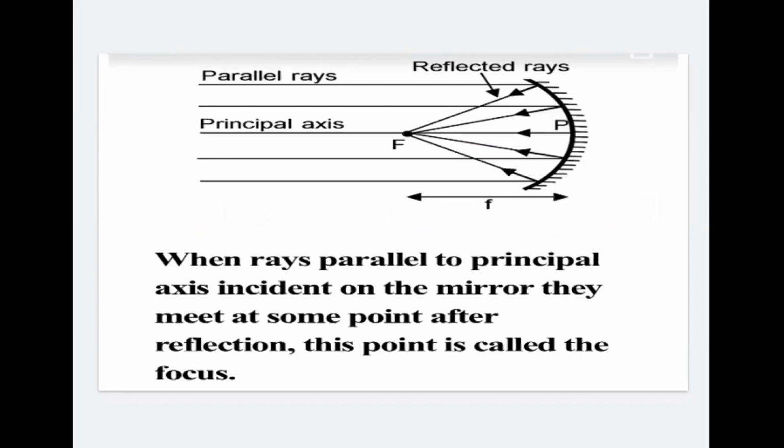Now see, students, we have taken the example of a concave mirror over here. These dashed lines represent the backside of the mirror, and this is the shiny part of the concave mirror.